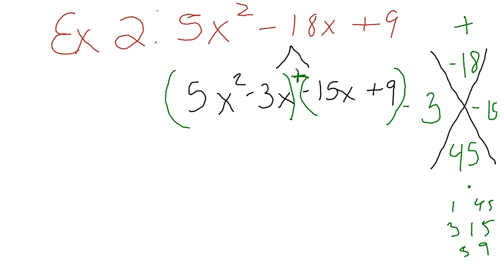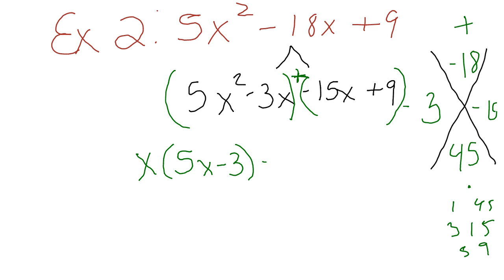So now I'm going to look and see what's alike. In my first grouping, I have 5x squared and negative 3x, which means they have an x in common. So I'm going to divide out an x, which leaves me with 5x minus 3.